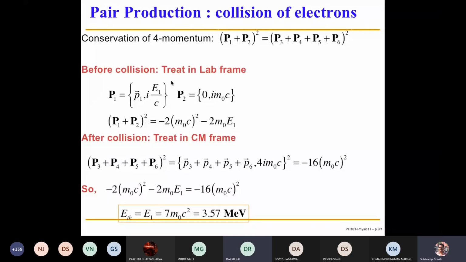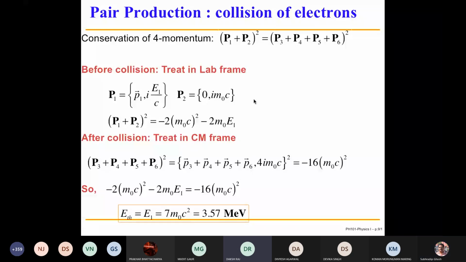So for 4 momentum, there is absolutely no compulsion that I have to use the same frame before collision and after collision, because the value, the length of the 4 momentum, the magnitude of the 4 momentum, which is given by this, is the same in all frames.